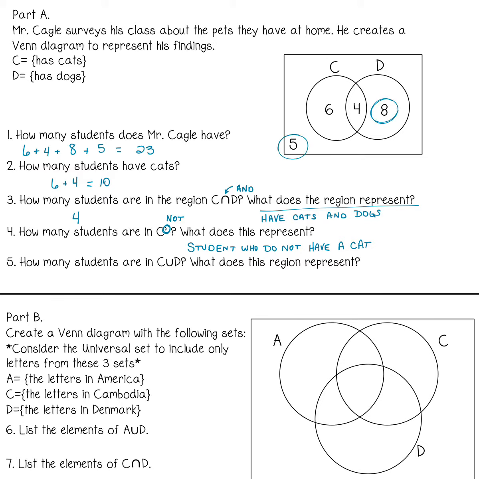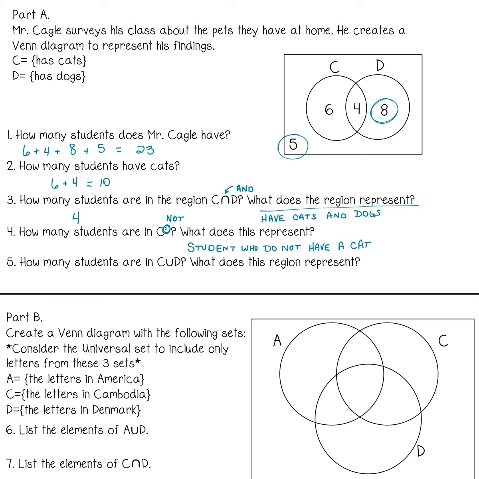C is in America and Cambodia, so C gets removed from each one. I is in America and Cambodia. Okay, and then let's move over to Cambodia to see if it shares anything with Denmark, because we're pretty much all the way done.